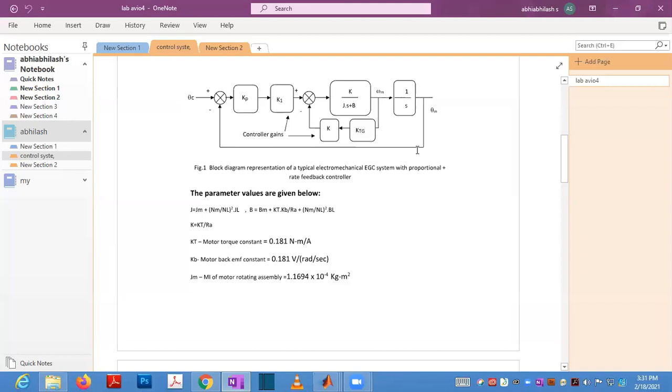And theta is directly measured, and this Kp is the proportional constant. That is, this is a proportional plus rate feedback controller.